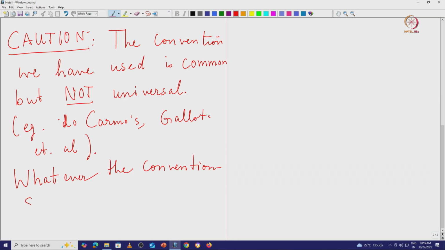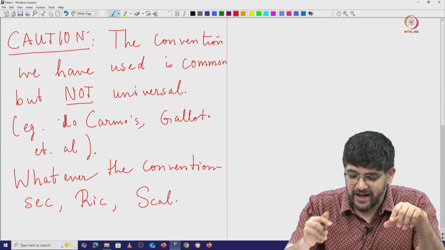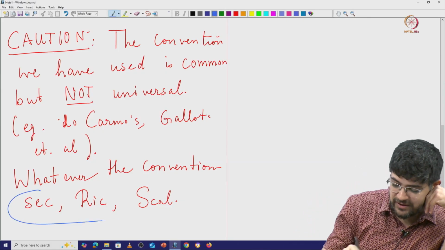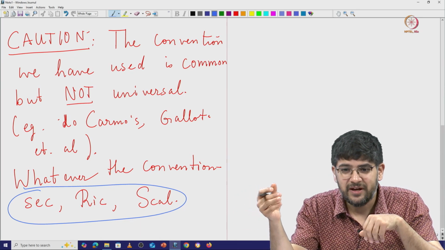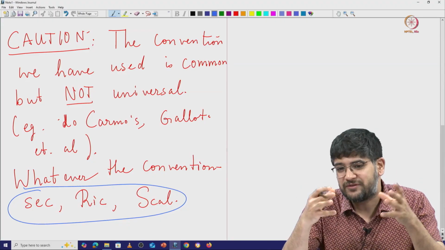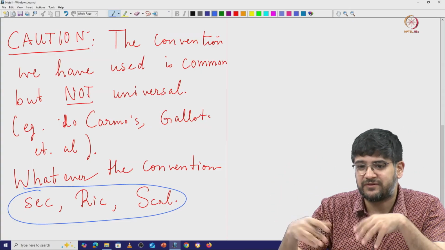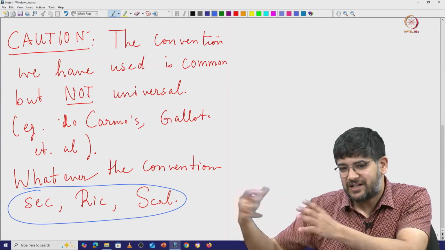But whatever the convention is, later on we are going to introduce the notion of sectional curvature, and much later a notion of Ricci curvature and scalar curvature. Whatever convention of curvature you use, eventually everyone in the world agrees on what sectional, Ricci and scalar curvature mean, which is convenient because many of the theorems in Riemannian geometry are statements of the kind that if the sectional curvature, Ricci curvature or scalar curvature satisfies a certain property, then your Riemannian manifold satisfies a certain property.